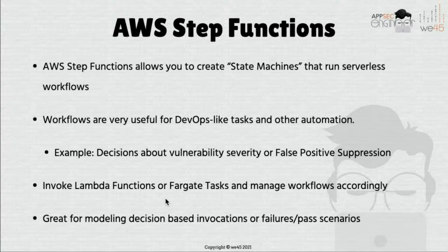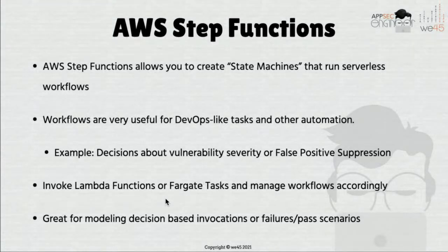Now, the last thing I want to talk about before our final demo is AWS Step Functions. One of the key advantages of AWS Step Functions is that it allows you to create state machines in order to run serverless workflows. Whether you want to integrate AWS Fargate or AWS Lambda, you can do that with Step Functions. You can essentially stitch all of this together, have a complete end-to-end workflow, and run it as part of AWS Step Functions.